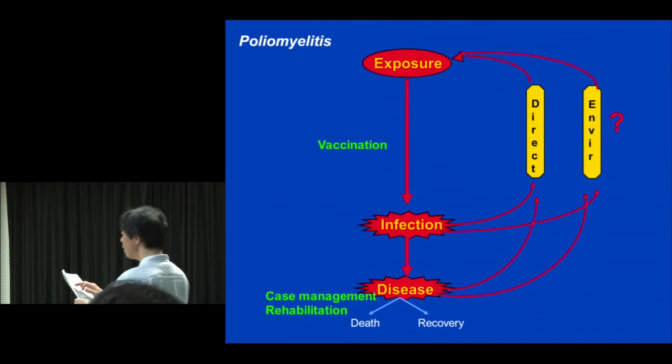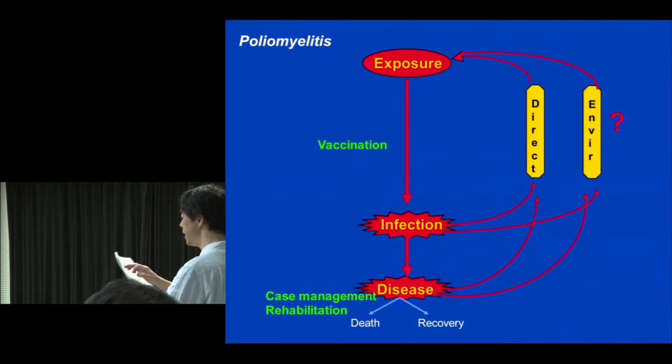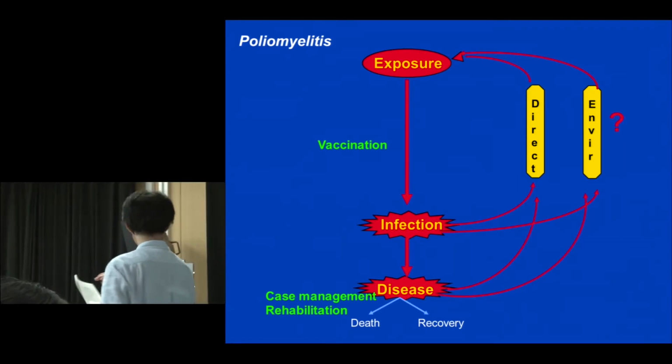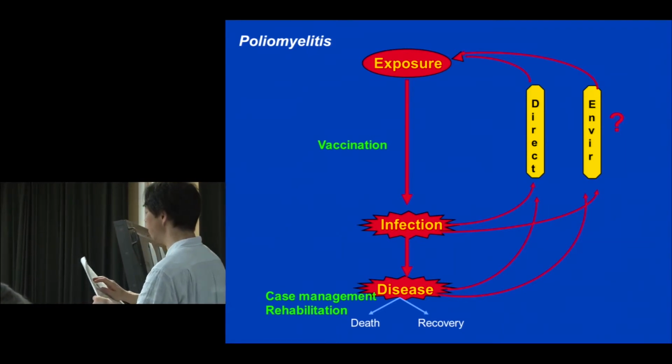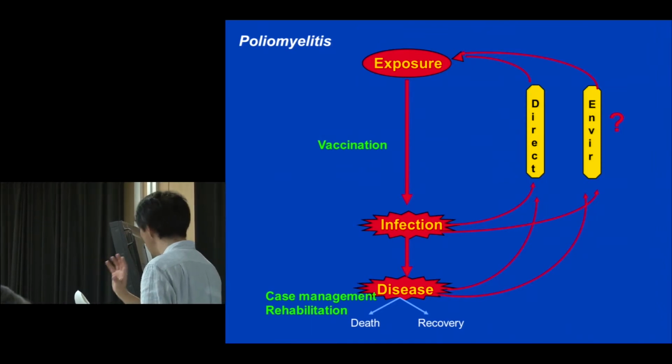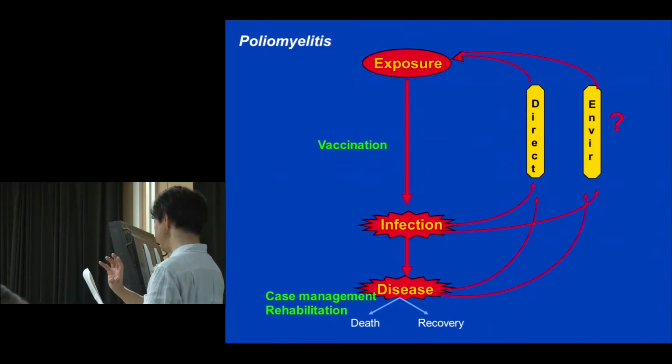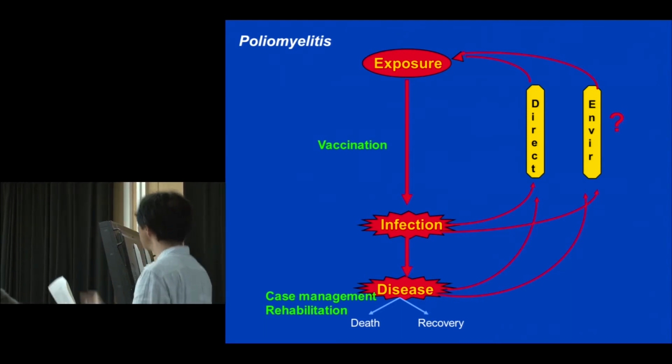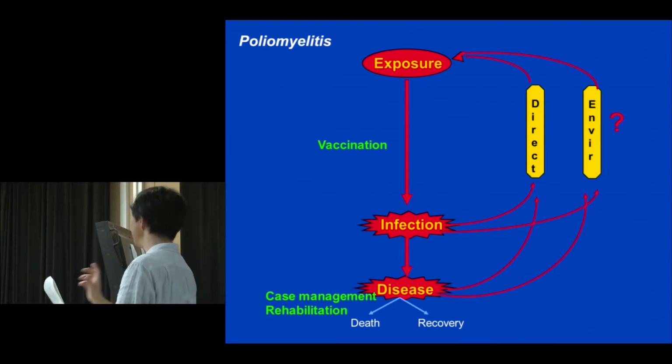Thank you very much. So he said JE, Japanese encephalitis. It's not like other diseases. We call them epidemic prone diseases.